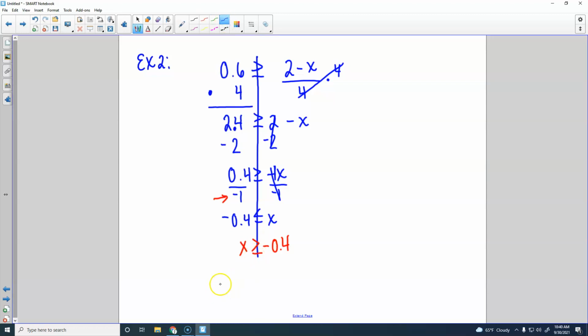I just like to do that for graphing because it helps me whenever I graph it. So I've got negative 0.4, so I put like negative 0.3 here, negative 0.5 here. Open circle or closed? Closed. Right or left? Right.